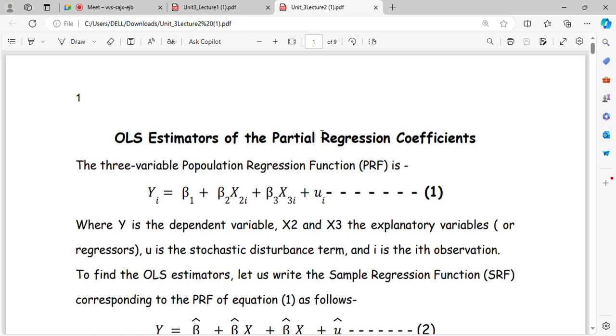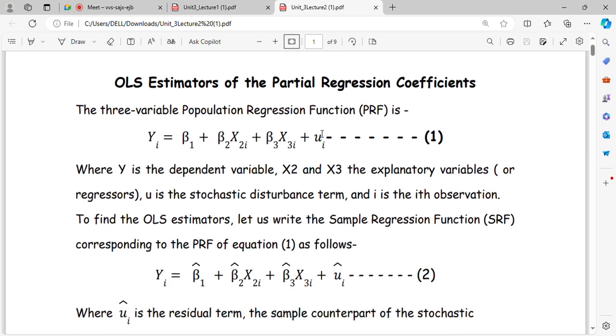So yi equals to beta 1 plus beta 2 x2i plus beta 3 x3i plus ui, where y is the dependent variable, x2 and x3 are the explanatory variables or regressors, u is the stochastic disturbance term, and i is the ith observation. To find the OLS, obviously we need to write the sample regression function corresponding to the PRF, which is yi equals to beta 1 hat plus beta 2 hat x2i plus beta 3 hat x3i plus ui hat.